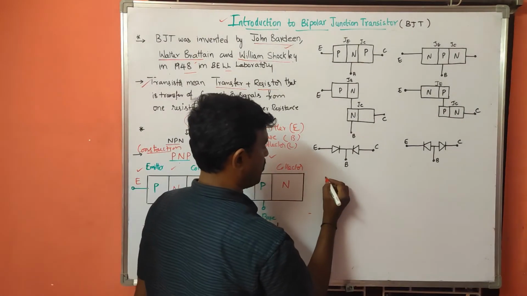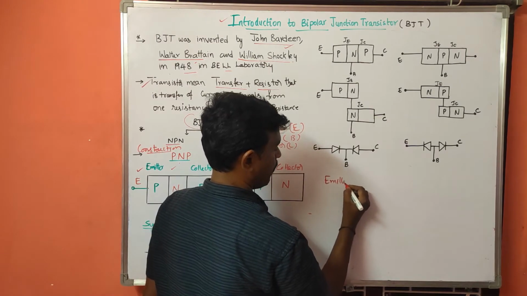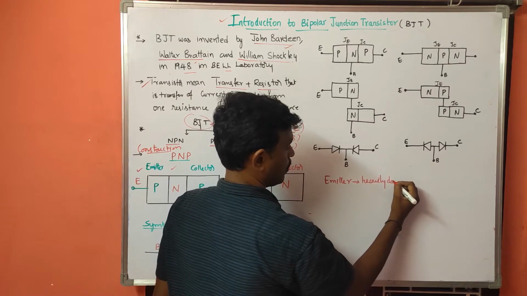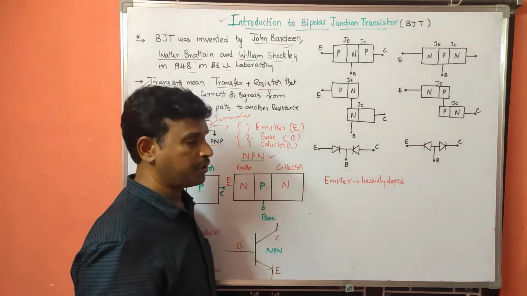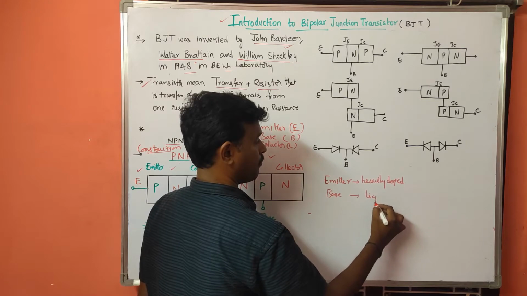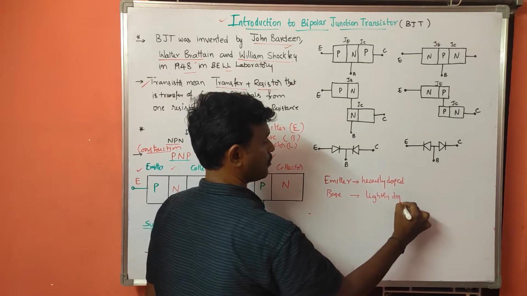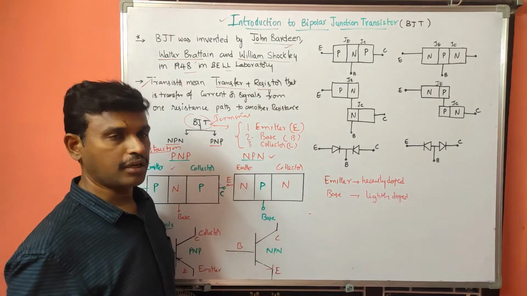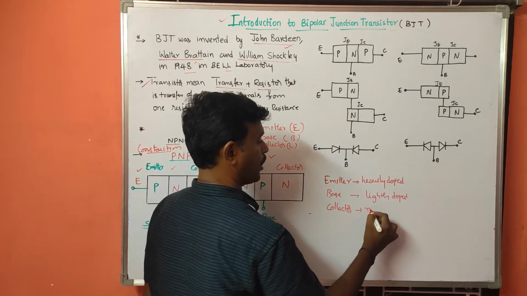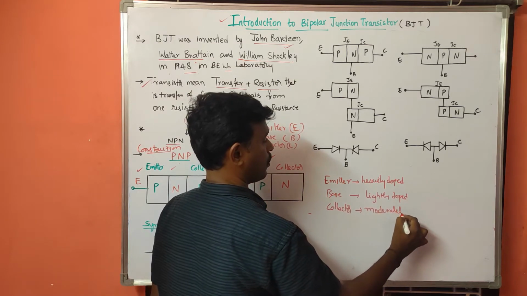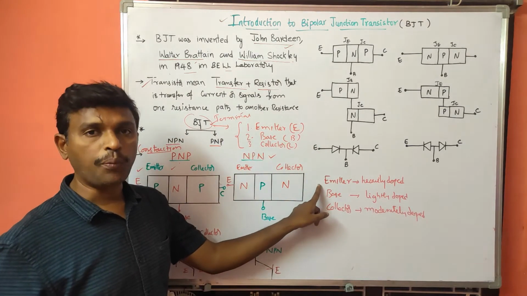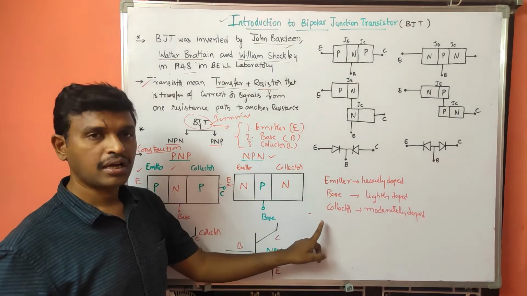Out of that, the emitter is heavily doped, the base is lightly doped, and the collector is moderately doped. So this is the doping concentration of the emitter, base, and collector regions.